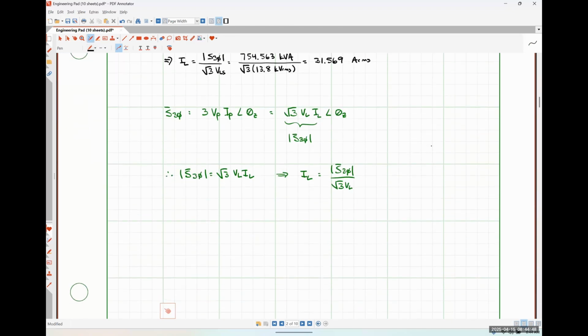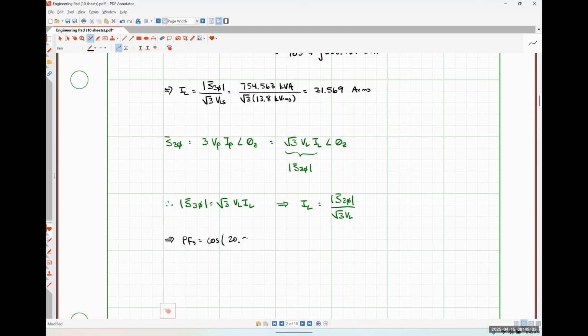So the power factor at which our source is operating is simply the cosine of 20.882 degrees, which I get to be 0.934 for what it's worth, 32. Is this power factor leading or lagging? Lagging because the angle is positive.